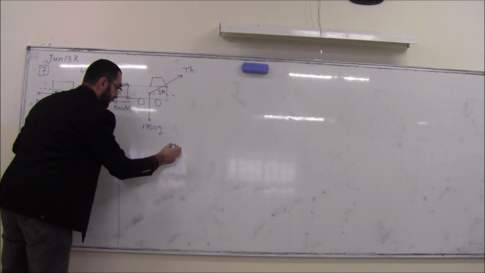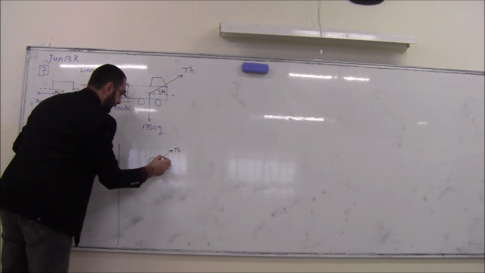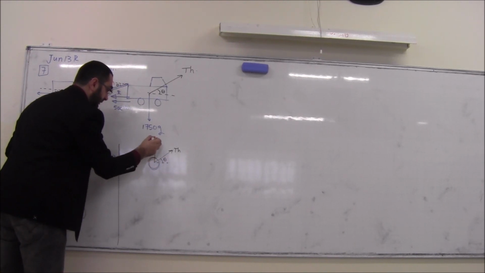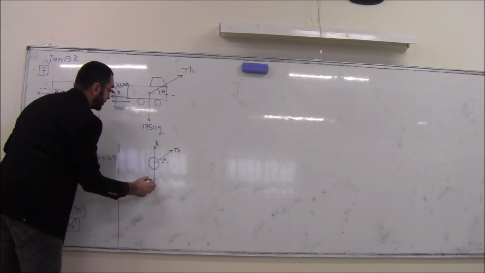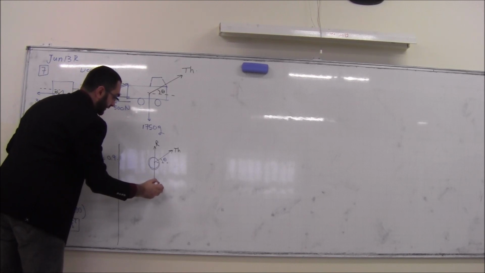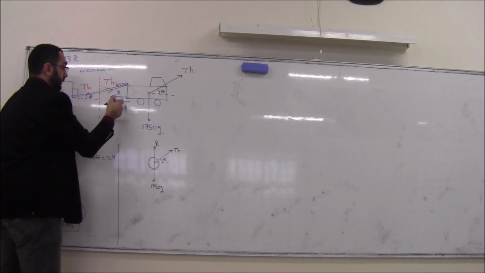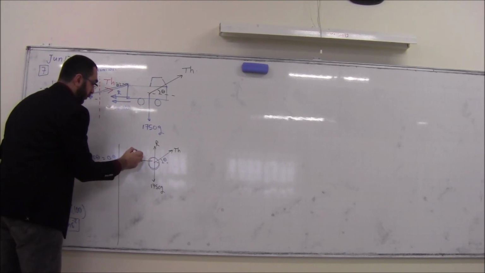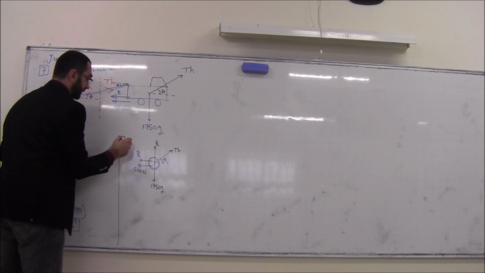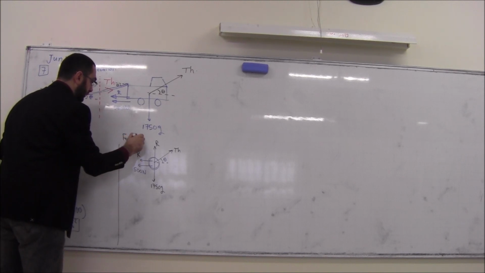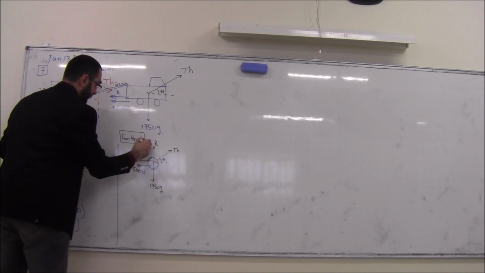To simplify things, I have to redraw everything. Thrust, theta, normal, weight, which is 1,750 g. Braking force R, resistance 500 newtons. This is for the truck. It says you model it as a particle. Yeah, definitely.